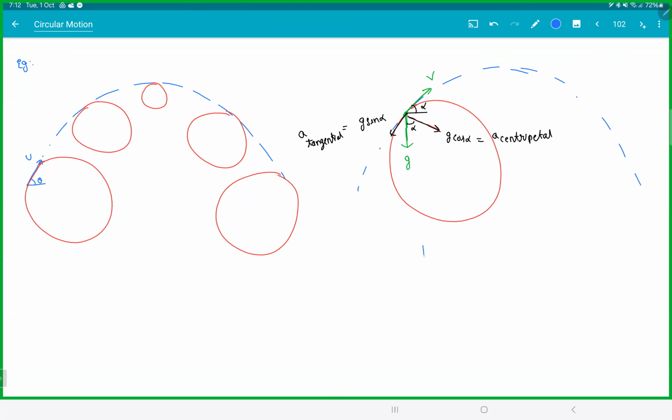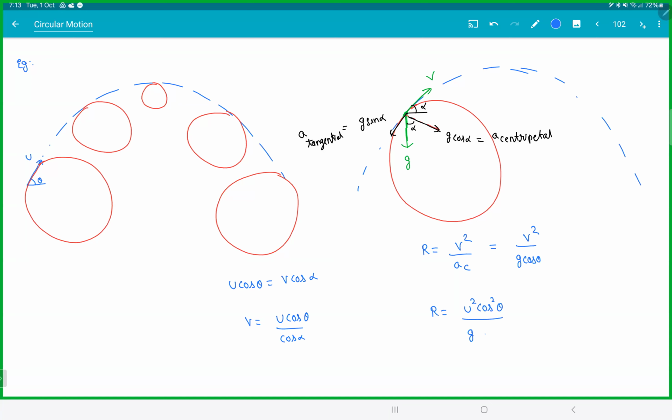And here, if you want the radius of curvature, it is v square by a centripetal, which is v square by g cos alpha. But we already know during projectile motion, u cos theta is equal to v cos alpha. So I can write v is equal to u cos theta by cos alpha. So we get radius of curvature is u square cos square theta by g cos cube alpha, because u and theta are given.